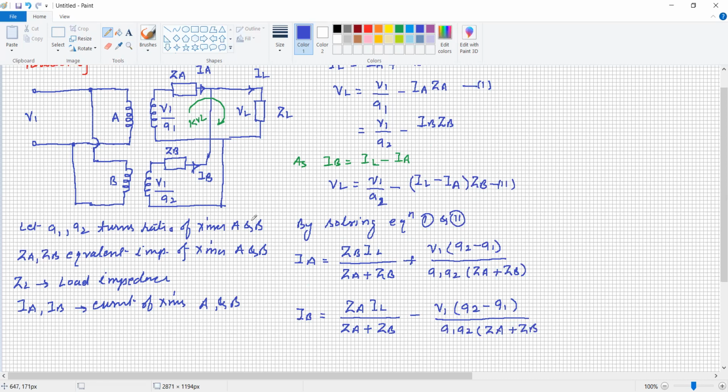The other part of the current is the circulating current, and it is not used by the load.